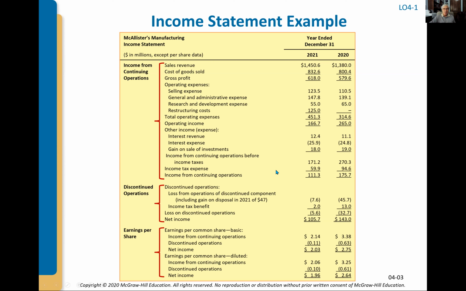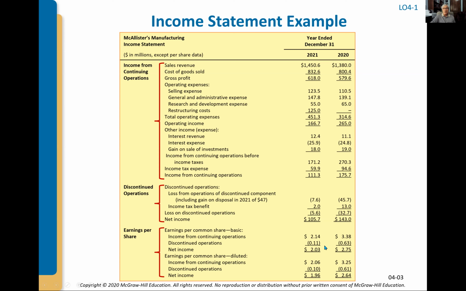So, for example, this company made income from continuing operations of 111.3 million. And we take that and divide it by the shares outstanding, and we look at this company as making $2.14 per share from continuing operations. And we do calculate this both for continuing and discontinued in total.